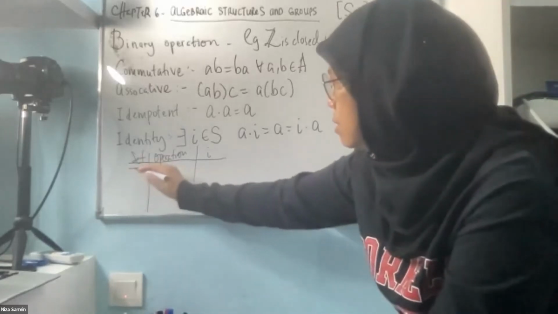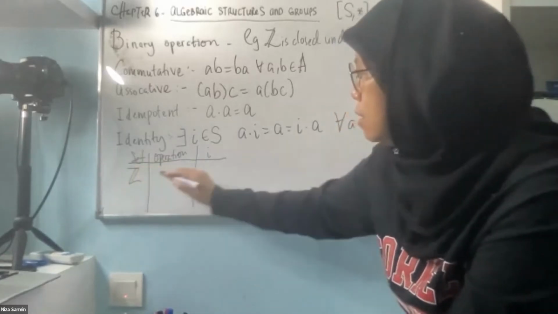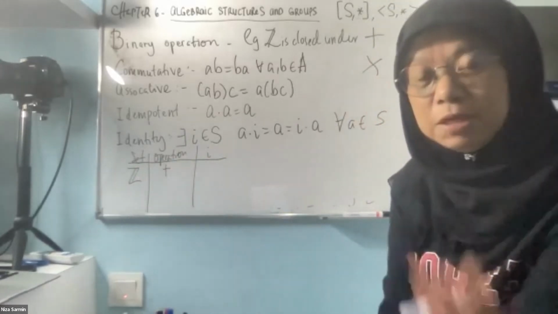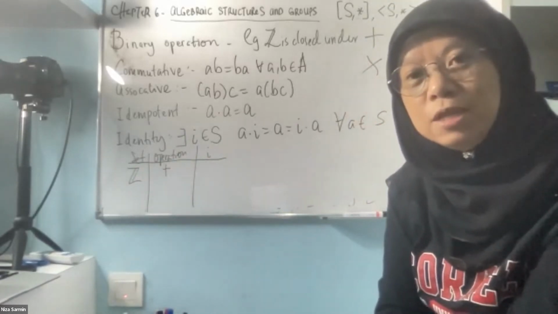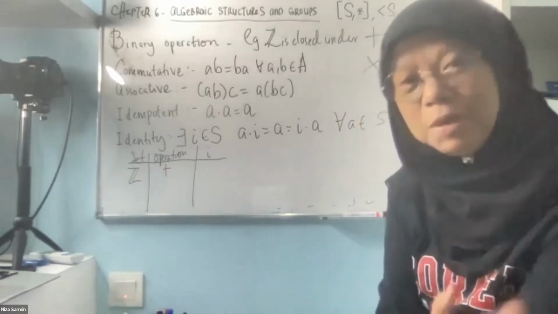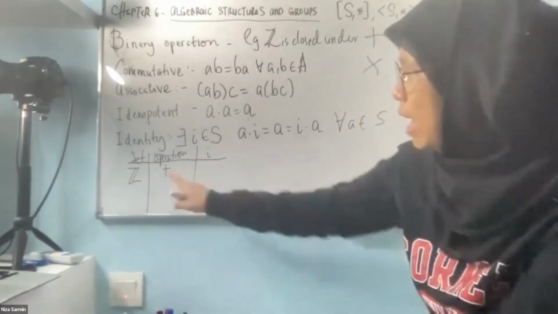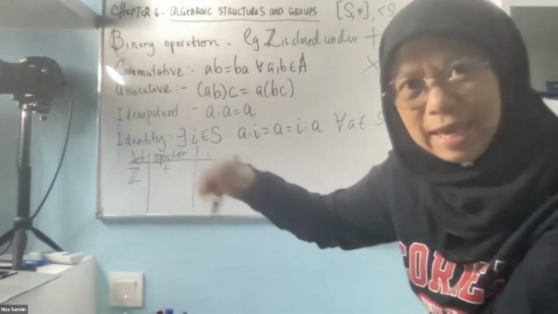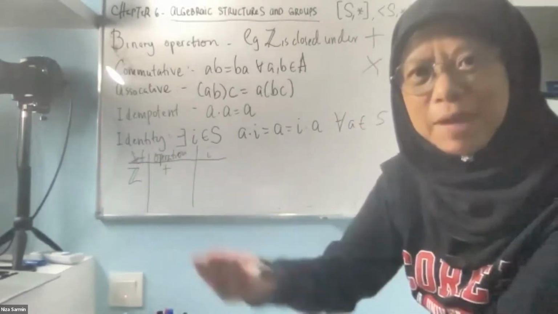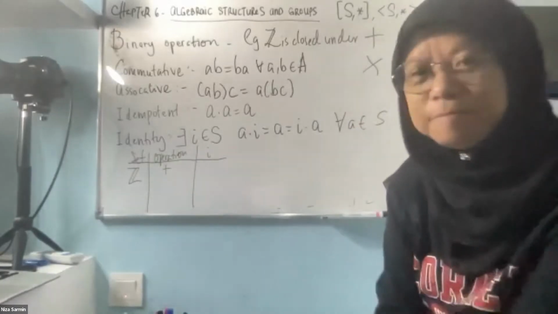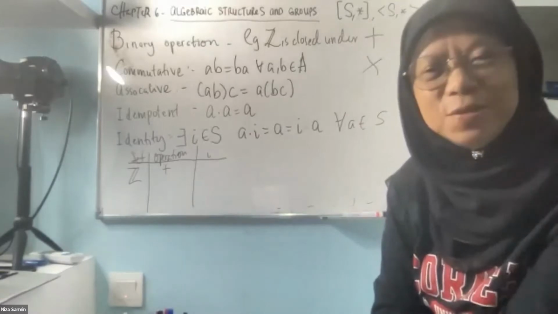Take Z under plus, because it's binary: integer plus integer is integer. Give me an integer such that when you add A to that number, you get A back. It won't change the number. What is the I?